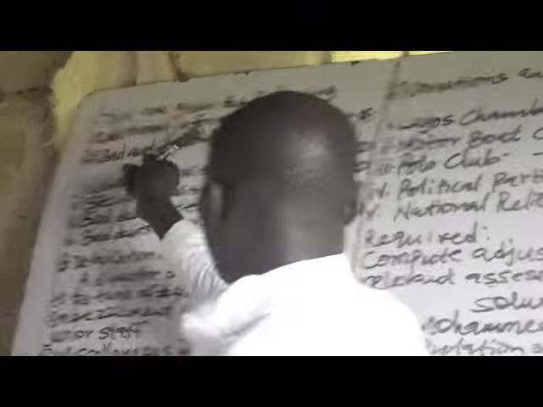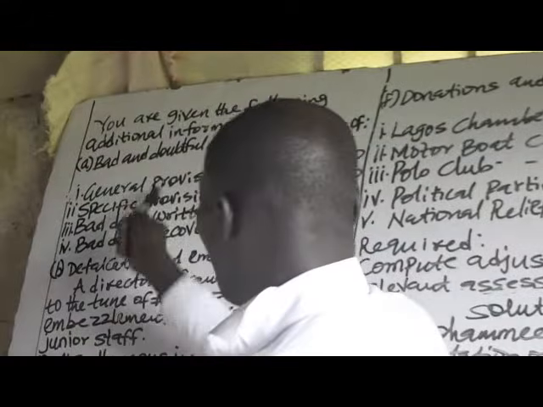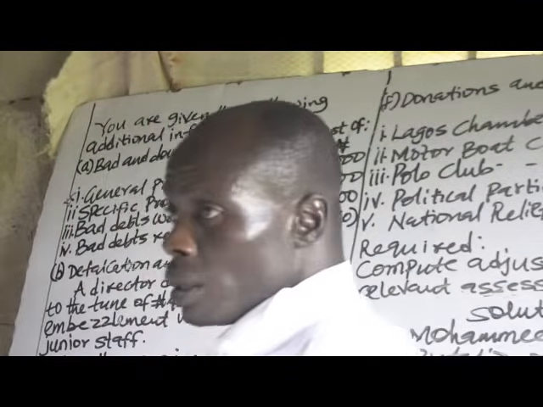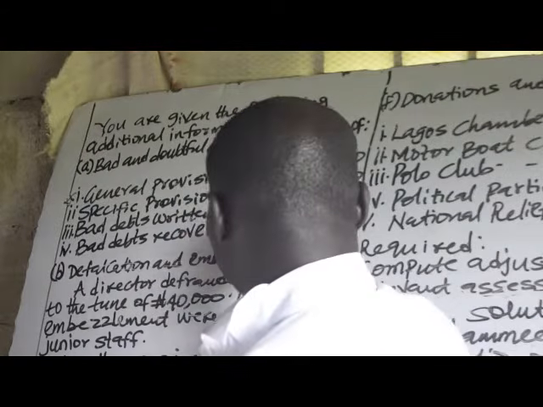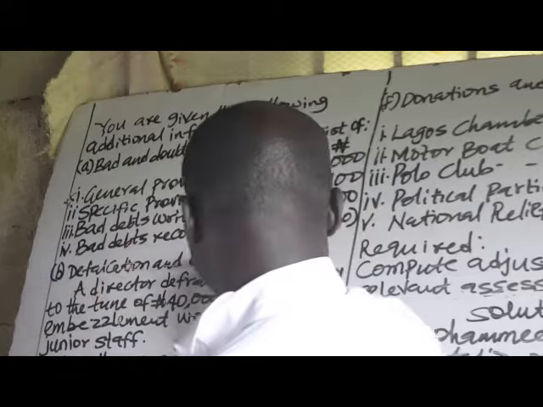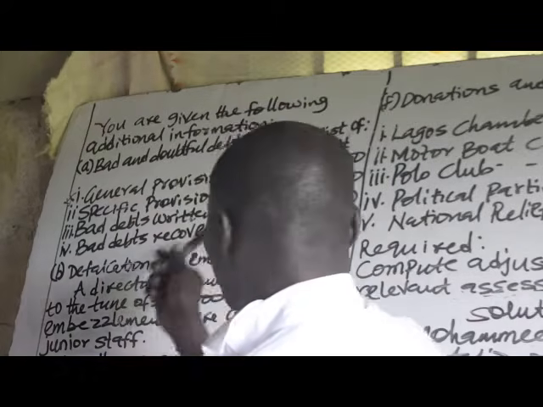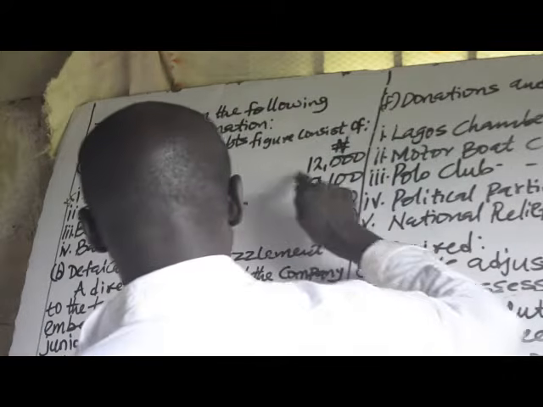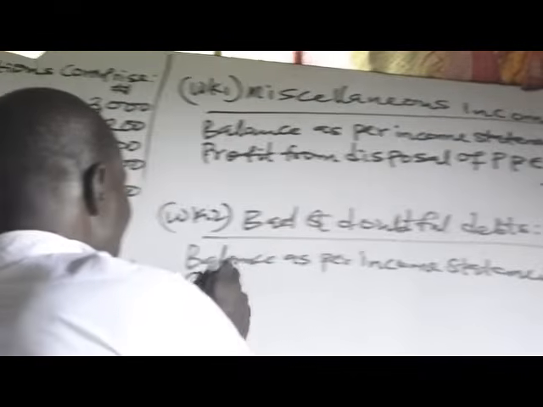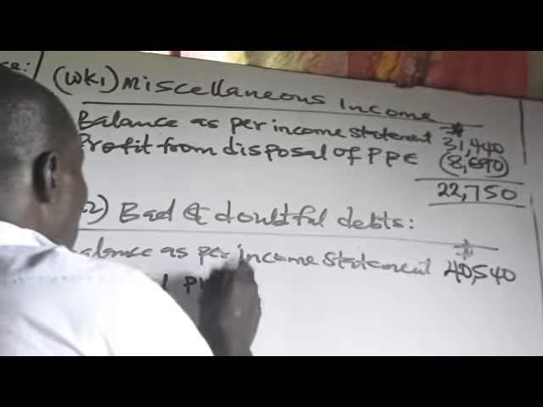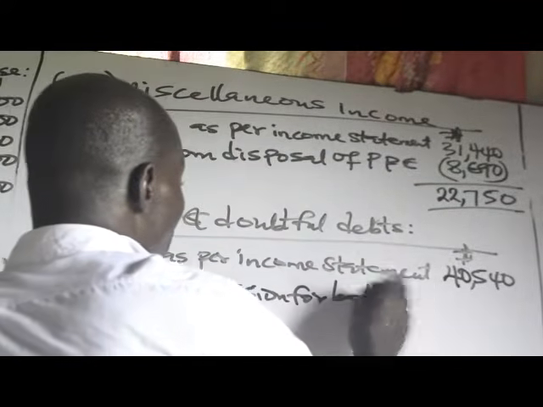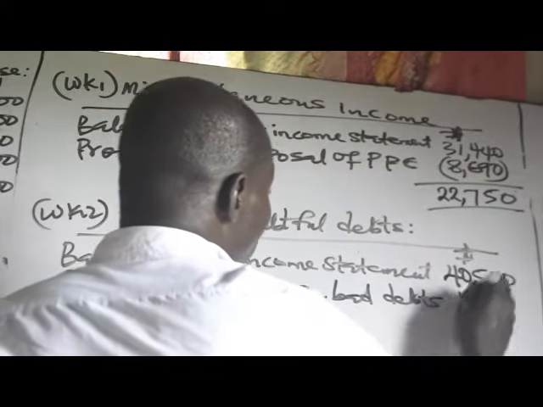Note A. Bad and doubtful debt figure consists of general provision. General provision is not allowable. Then specific provision, that is allowable. Bad debts written off is allowable. Bad debts recovered is a taxable income which have been reported. So the only one that is not allowable is the general provision of 12,000. So we less the general provision for bad debts of 12,000.